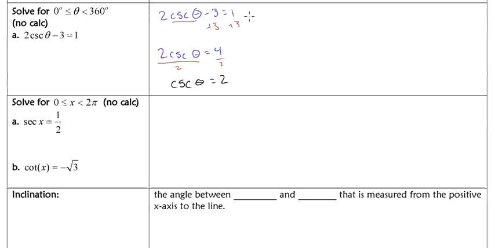Remember that the cosecant is equal to 1 over sine. So cosecant is 1 over sine, and this is equal to 2, so what would sine have to be?